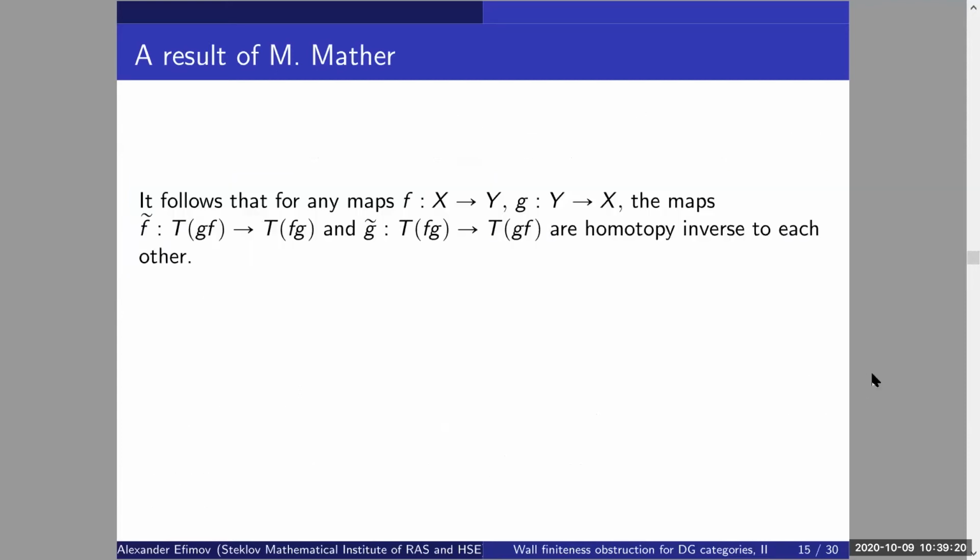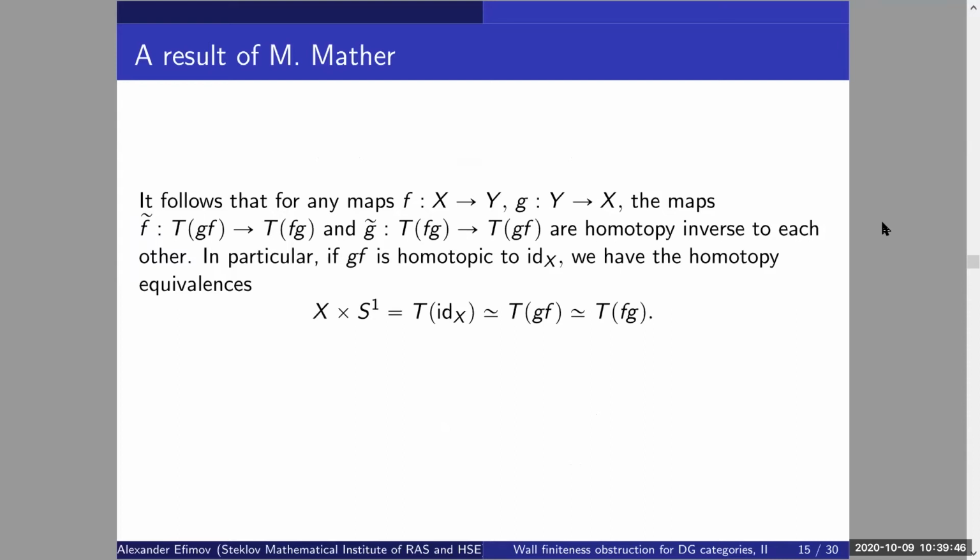Then it follows that if you take any maps of topological spaces going in different directions, f from X to Y and g from Y to X, then the corresponding maps between the mapping tori of gf and fg are homotopy inverse to each other. This just follows from what we already discussed.